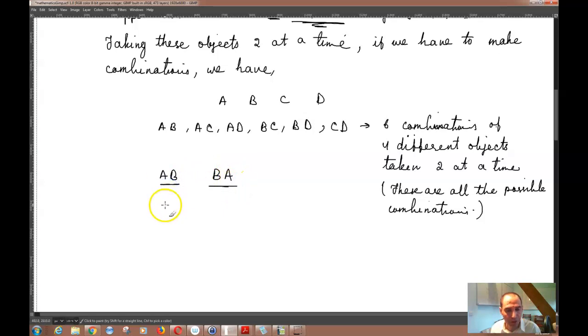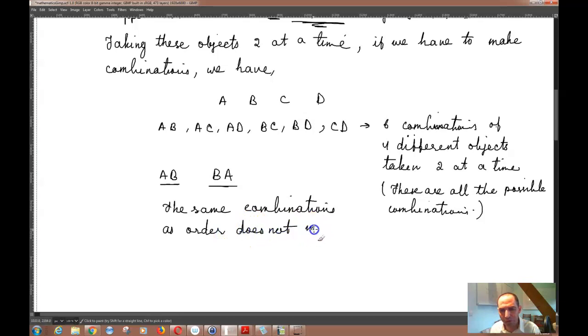These two are the same combinations, as order does not matter.